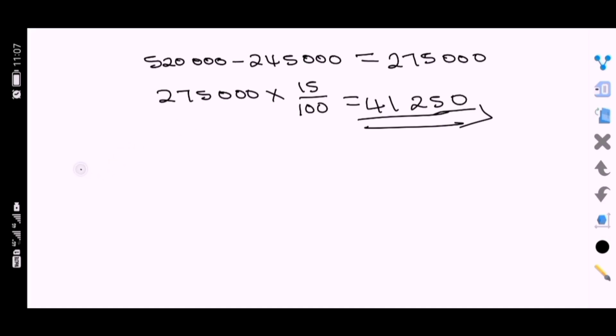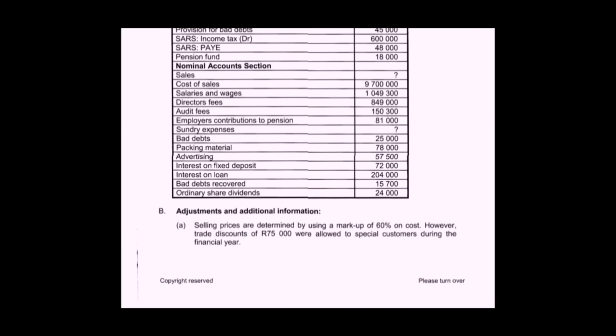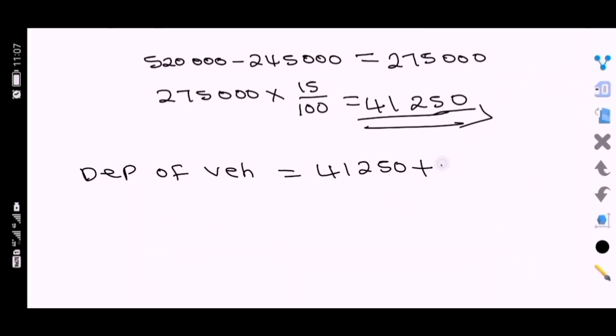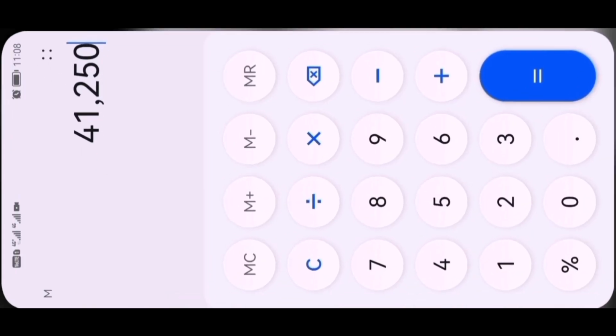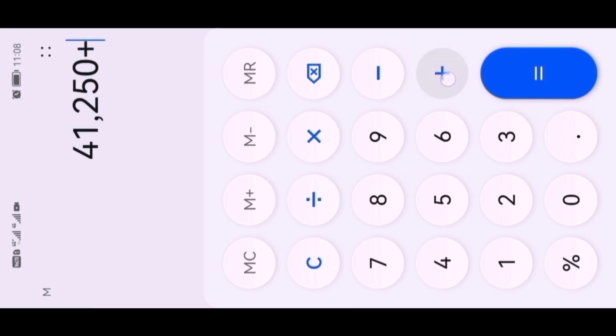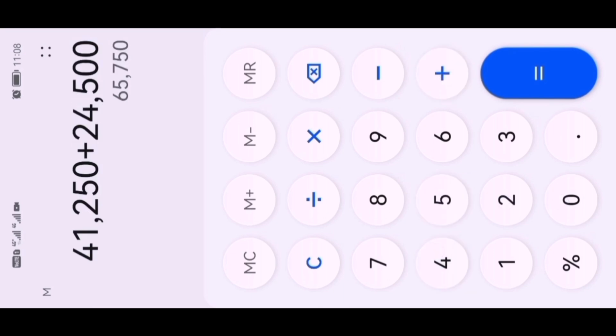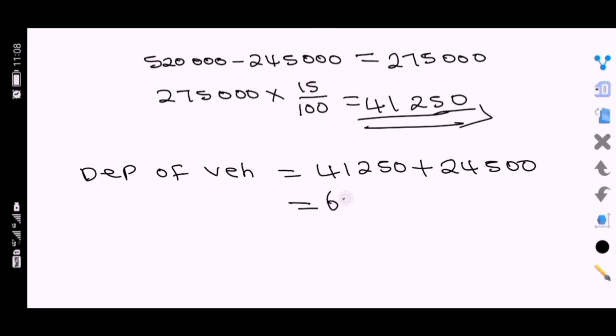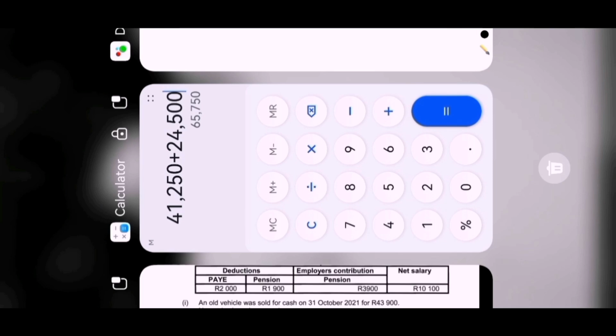So it means the depreciation of vehicles will be 41,250 plus the depreciation of the vehicle that was sold, which we were given as 24,500. So we already have 41,250, then we add 24,500, and we have 65,750.